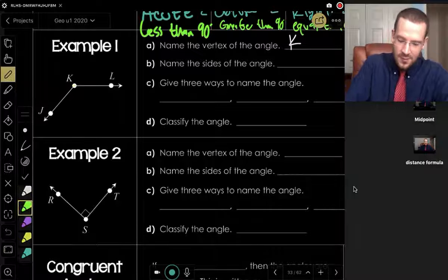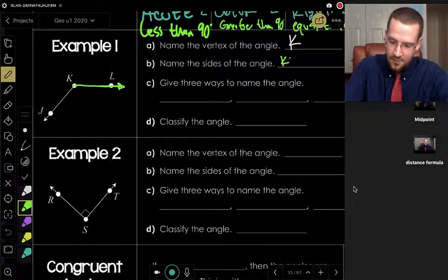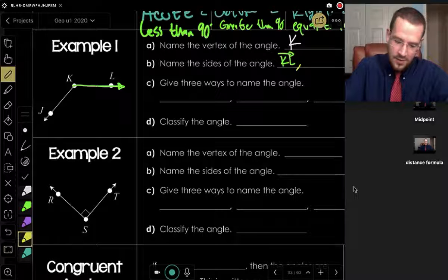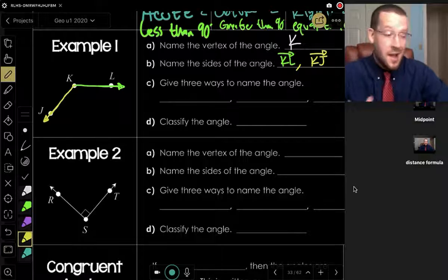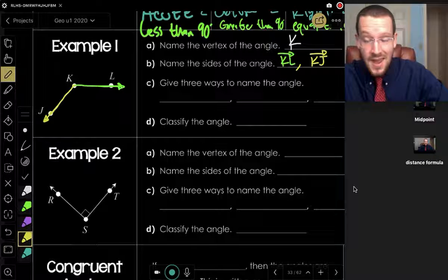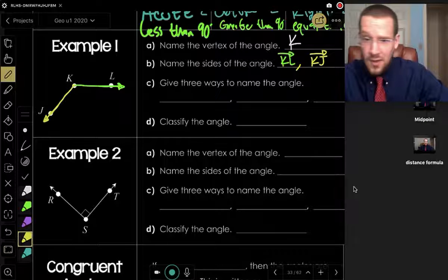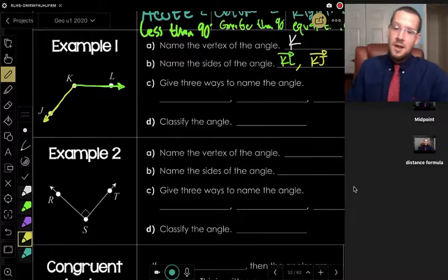So this top side is the ray KL, and this left side is the ray KJ. But again, sides don't come up that often in angles. Sides are more of something that we look at for triangles or other polygons.